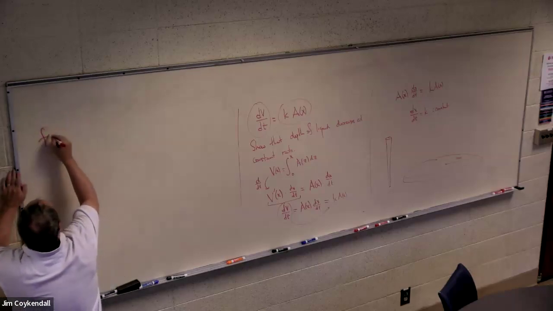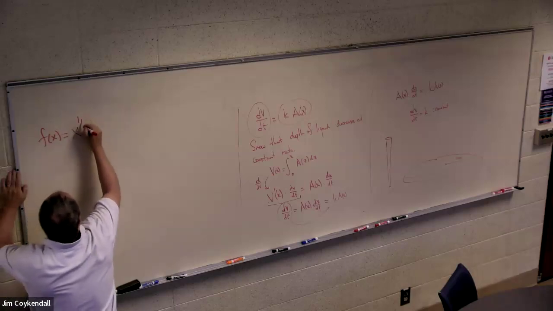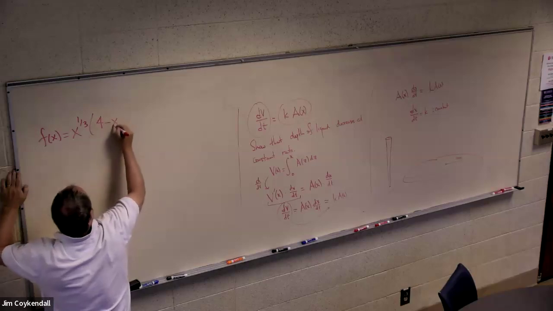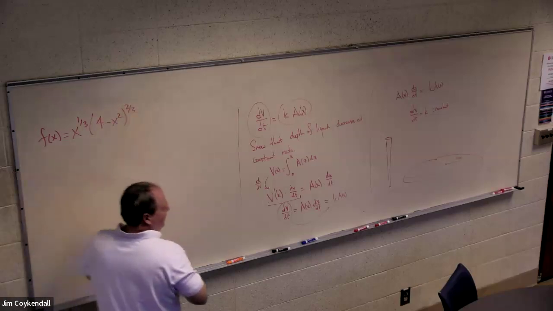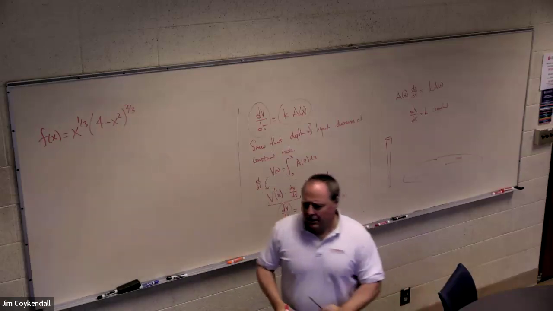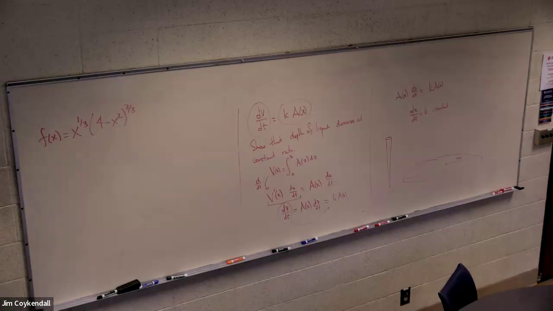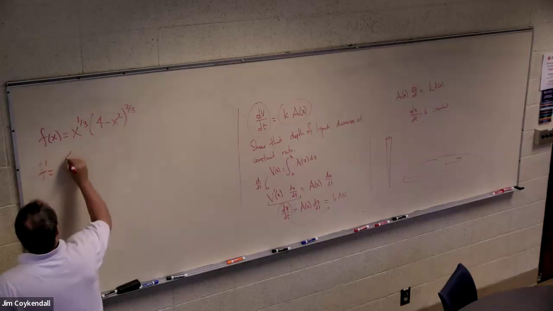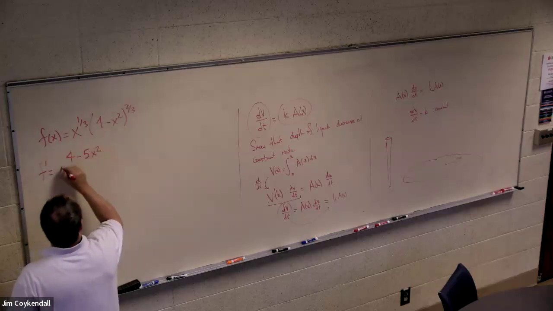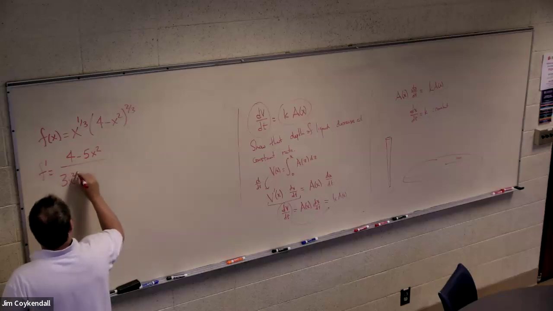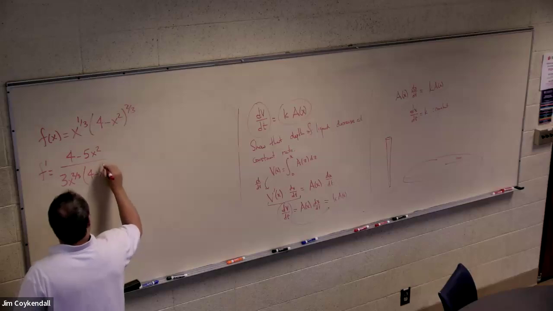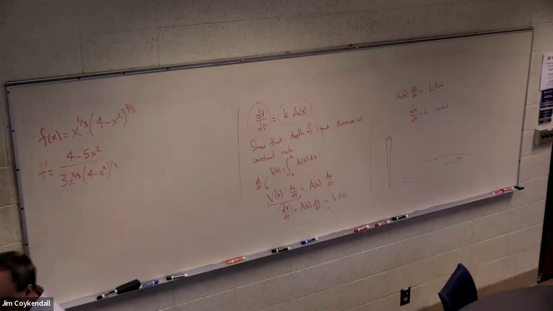And then I also gave the first two derivatives for this, which were 4 minus 5x squared, and then the second derivative.